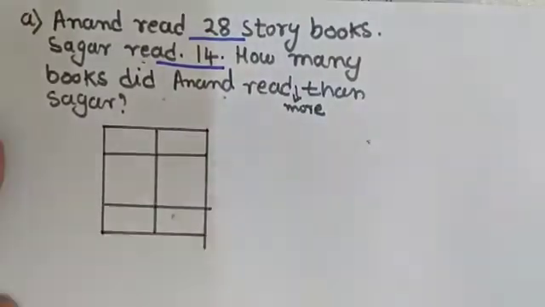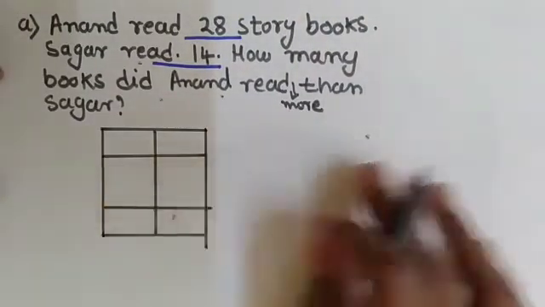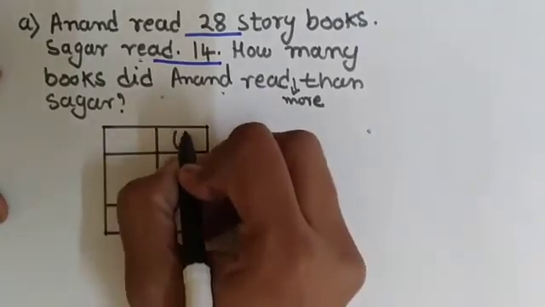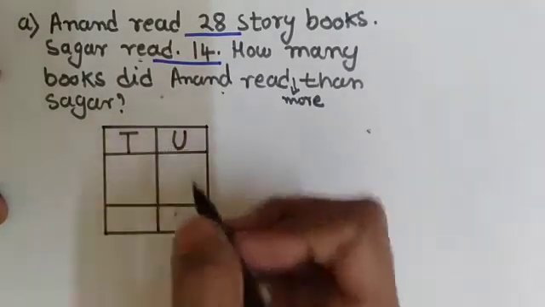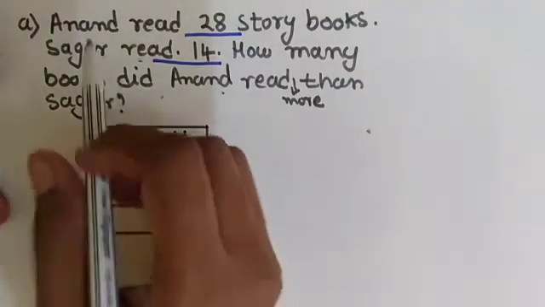Now start reading the question again and fill out the information in the table. First, write the unit on the right hand column and tens on the left hand side column. And start filling the information which is given here.